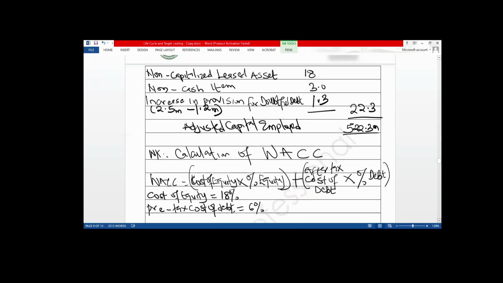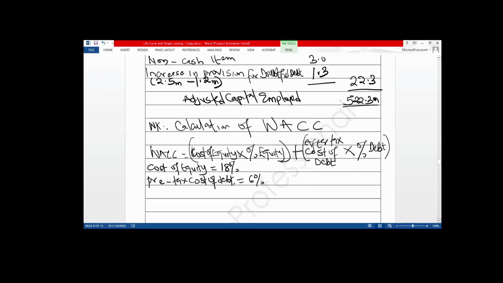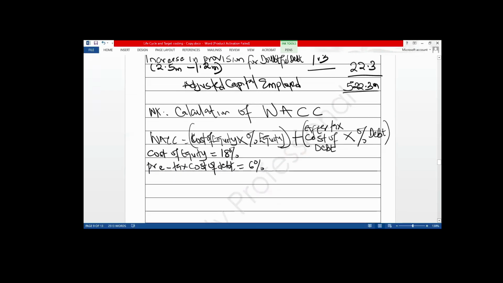So we are given the pre-tax cost of debt, and I need to calculate the after-tax cost of debt. Look at how to calculate it. After-tax cost of debt is equal to your pre-tax 6% multiplied by 1 minus the tax rate.